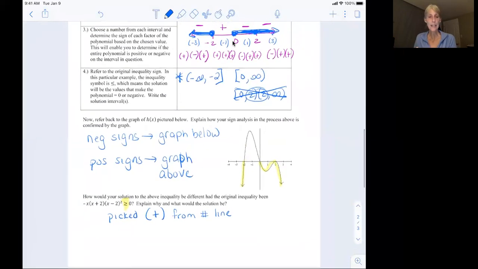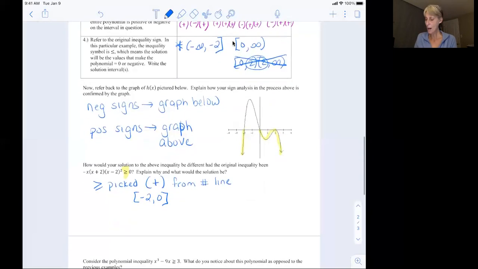So if I was doing greater than or equal to, my solution set would have been -2 to 0. How about if it was just greater than? Then we don't include our endpoints, so we're going to have parentheses there.